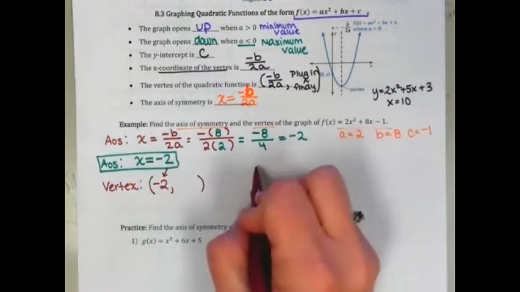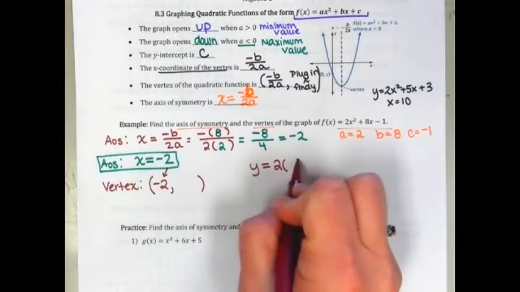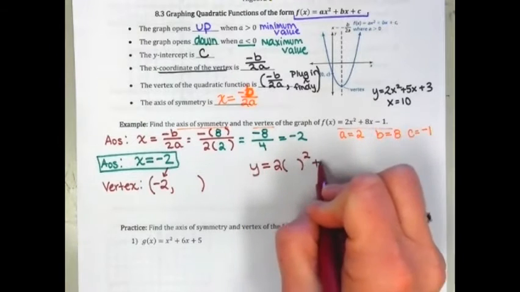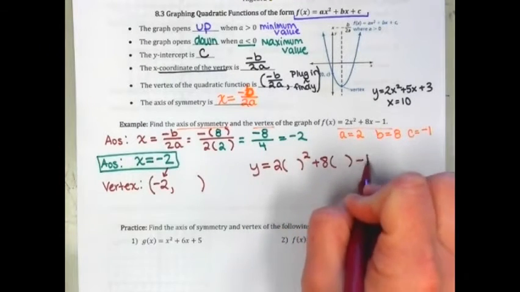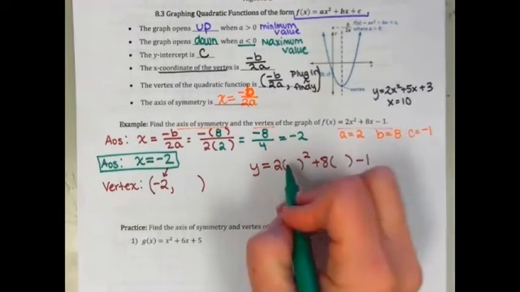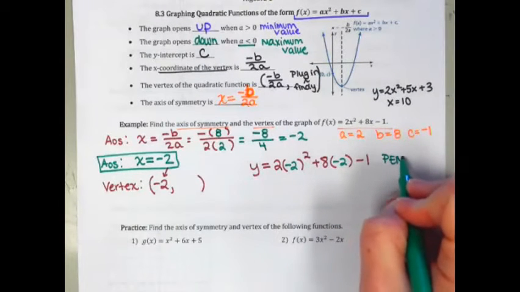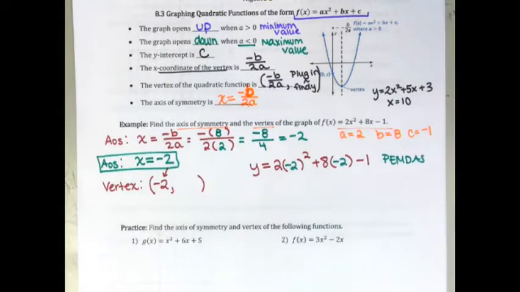F of x. Doesn't that just mean y? So y equals 2 times x squared plus 8 times x minus 1. What is my x? What's replacing the x? -2. And then do we know how to follow orders of operation? Can you use your calculator?